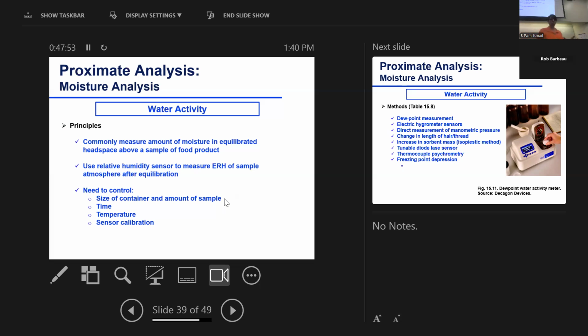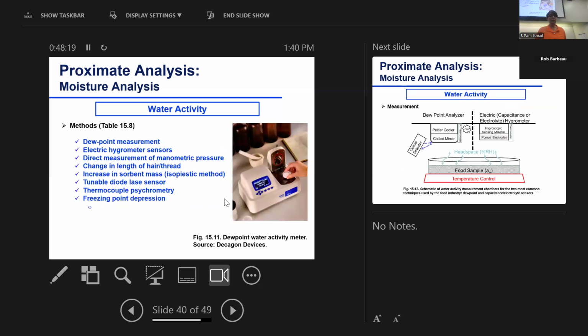So you want to make sure that your samples are put in a desiccator, they are equilibrated at a particular water activity, and then you can get the equilibrated relative humidity of the sample. So you need to control the container size, amount of sample, time, temperature, sensor calibration.